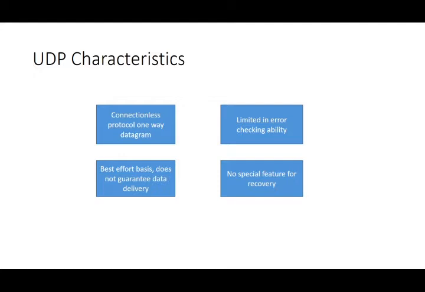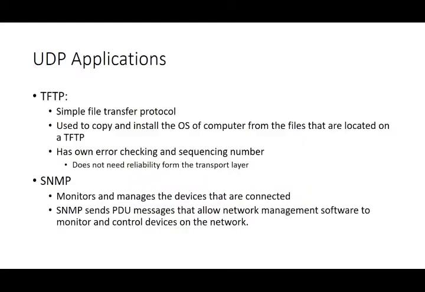Now, what kind of application would use UDP? There are a number of applications. One application that is often used in data networking is TFTP, the trivial file transfer protocol. It is a very simple transfer protocol, and it is used to copy operating system images, and many network services also use TFTP. A device could also act as a TFTP client, and we could copy files back and forth in this manner.